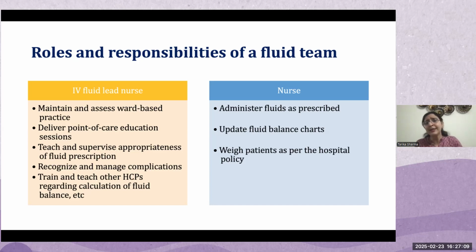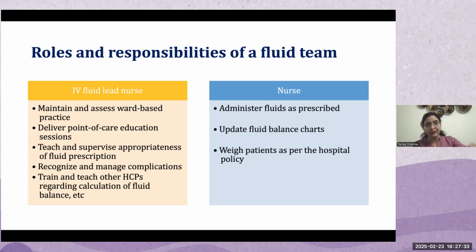So depending on whether the patient is in the ward, or in the ICUs, or depending on the ambulatory status of the patient, whether they can walk or are bedridden, depending on different factors, the nurses will be making sure that the patients are being weighed, because weight can tell you directly about the fluid retention.